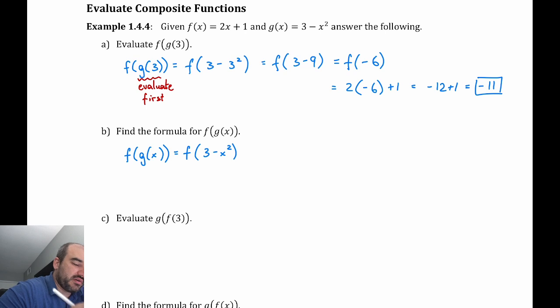I don't have a number to plug in for x, so we'll just leave it as is. And this is now telling me to take this 3 minus x squared and plug it into f of x. So we're going to plug it in for the x there. So it'll be 2 times 3 minus x squared plus 1.